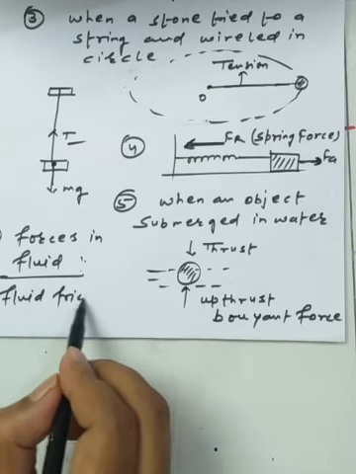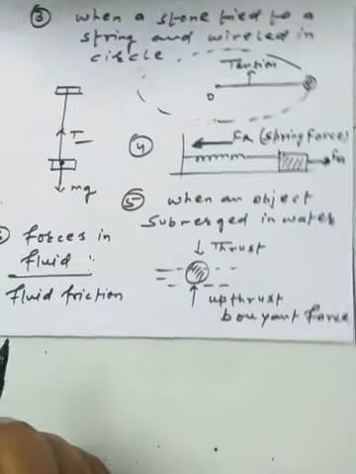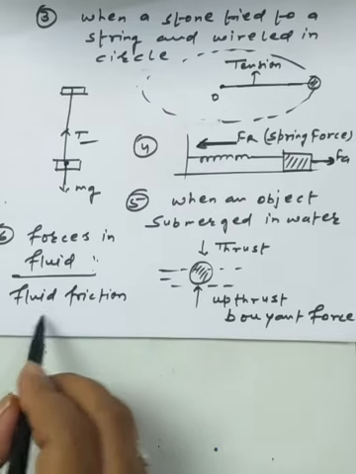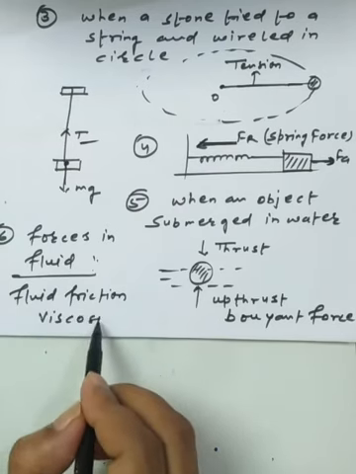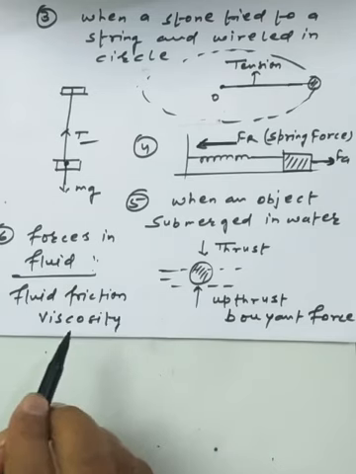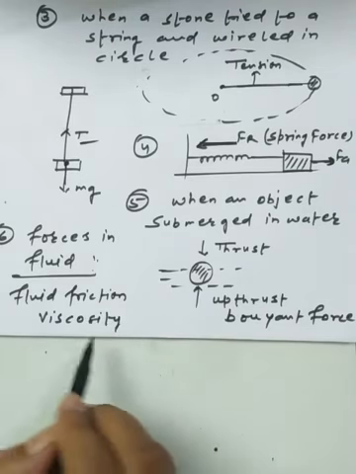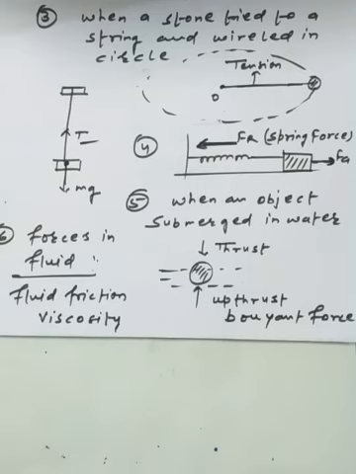Another name for fluid friction is viscosity, or the viscous drag we have. So these are some general examples or common forces in mechanics as we are dealing with them.